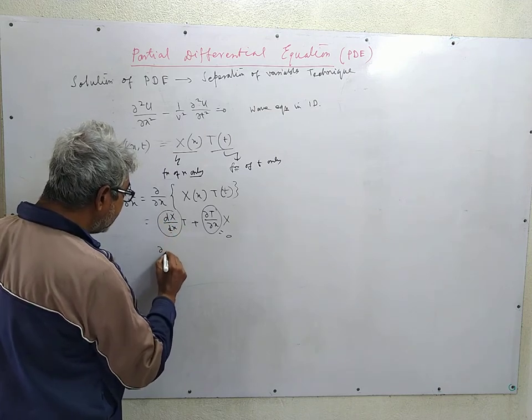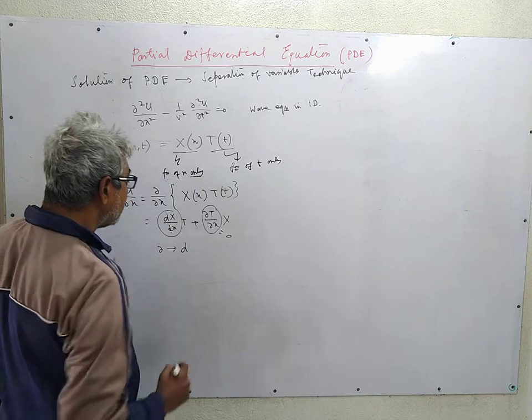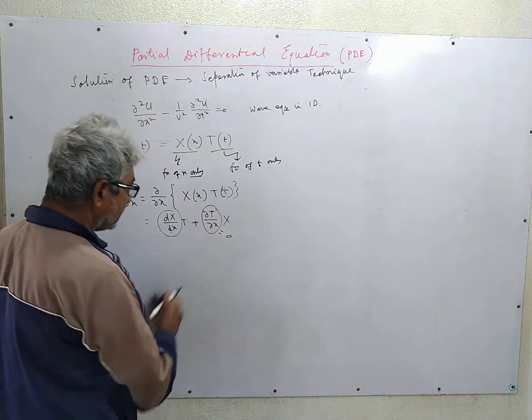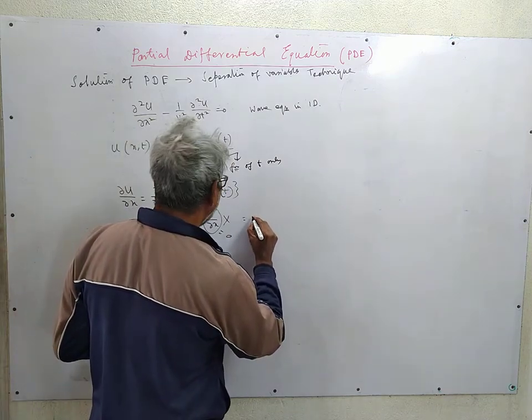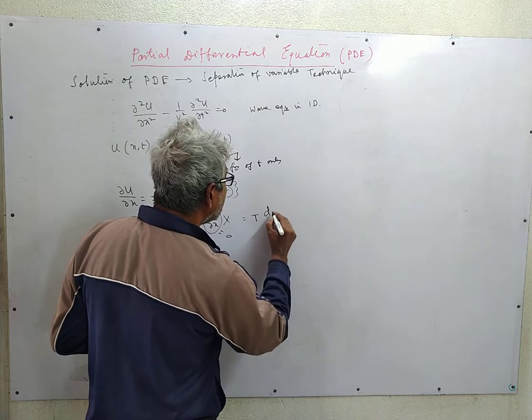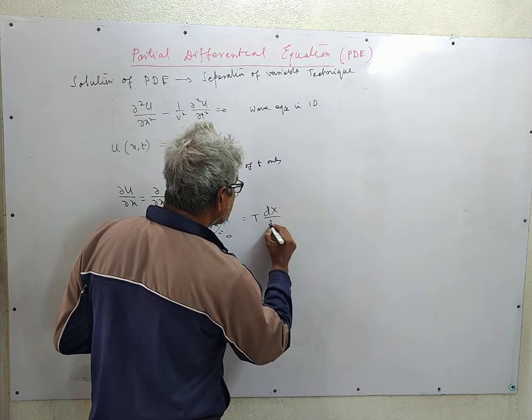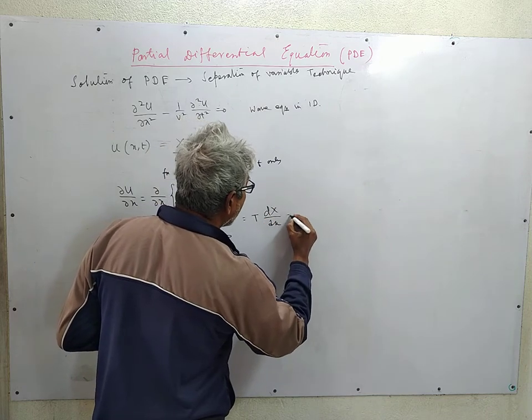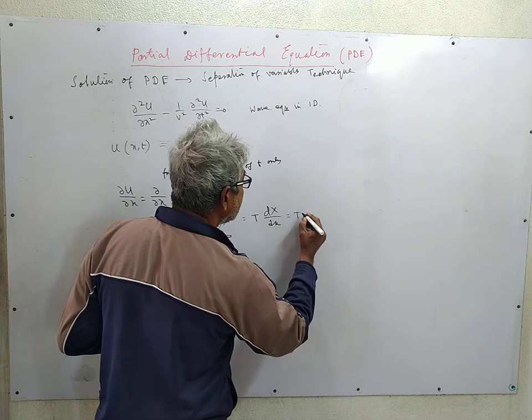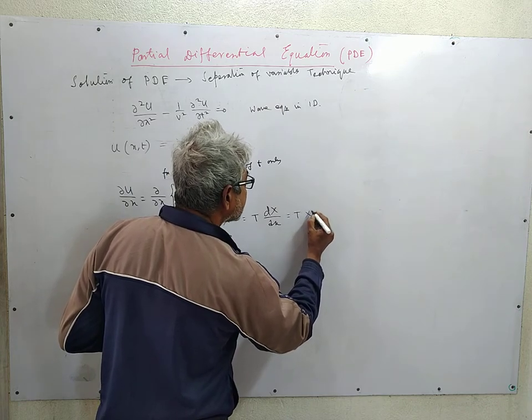So del has been replaced by d. So the result is T times dX dx. We can write it as T times X prime.